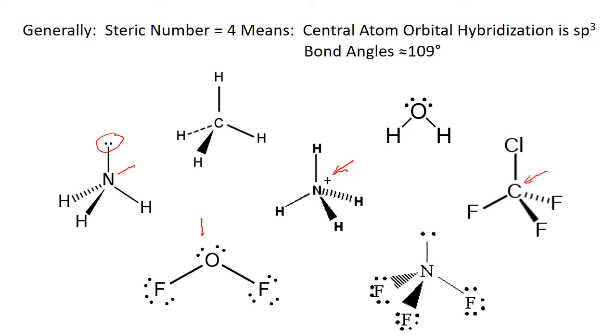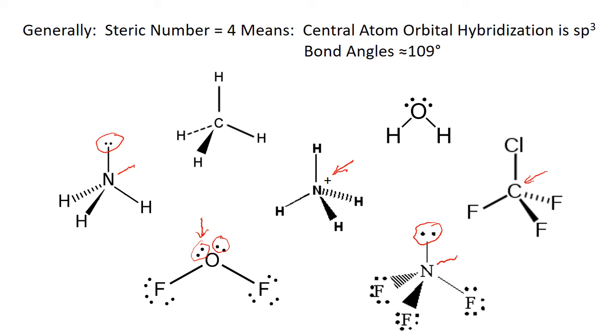In OF2, just like in H2O, my oxygen has 2 unshared pairs of electrons, plus 2 bonded atoms, steric number 4, sp3 hybridization, bond angle about 109. And lastly, in NF3, I have 1 unshared pair of electrons around nitrogen, plus 3 bonded fluorine atoms, steric number 4, nitrogen will have sp3 hybridization. The bond angles in NF3 will be about 109.